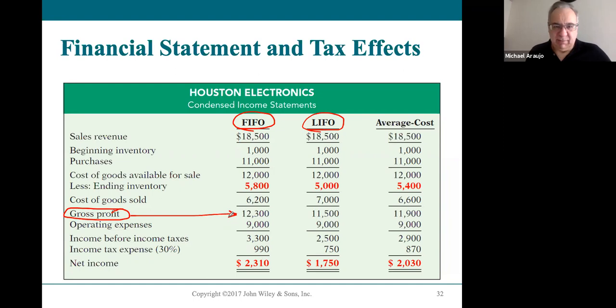Those are financial statistics that matter to analysts. And so you want that gross profit margin to look really high. And for Houston Electronics, based on the information we have, the FIFO method would be the best method for them to use because it produces the highest gross profit. Conversely, it also produces, in this case, the highest net income.